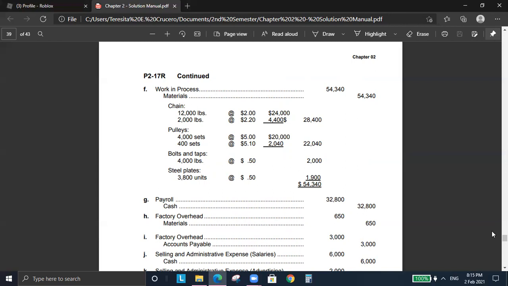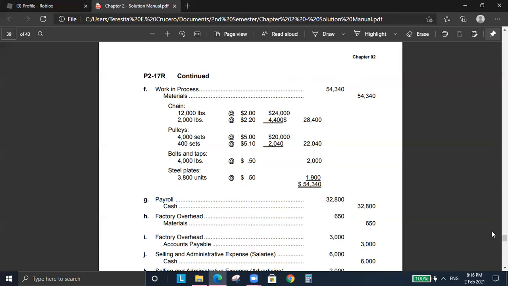Now for pulleys, total number of sets used for pulleys is 4,400. We have a beginning inventory for pulleys of 4,000 sets, total cost of 20,000. It means 5 per set. So all the beginning inventory of pulleys were used during October because the total number of sets of pulleys used was 4,400. So the 400 sets are taken from the 2,000 sets of pulleys bought during the month of October.